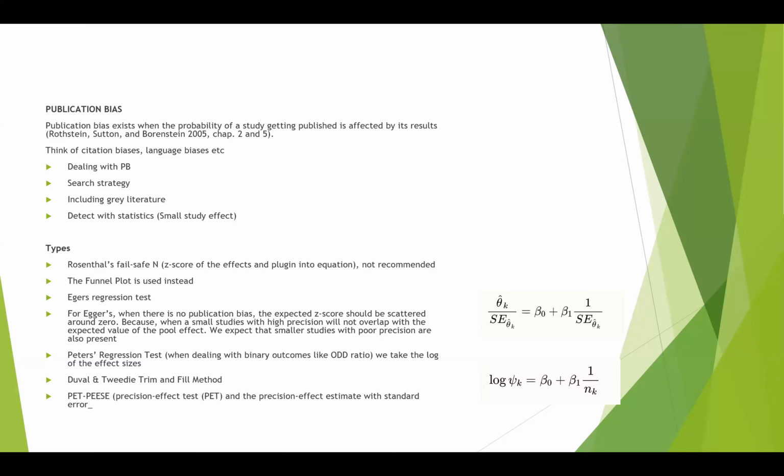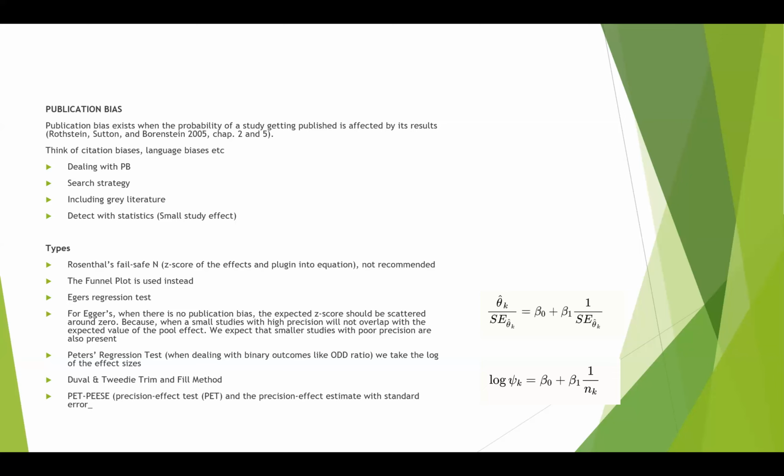All right. So moving on to the types that are available. Many years ago, over three decades ago, they used to have something we call the fail-safe N. Those who are using OpenMeta, I think the earliest version I used did not really have some of the advanced current publication bias detection functions.